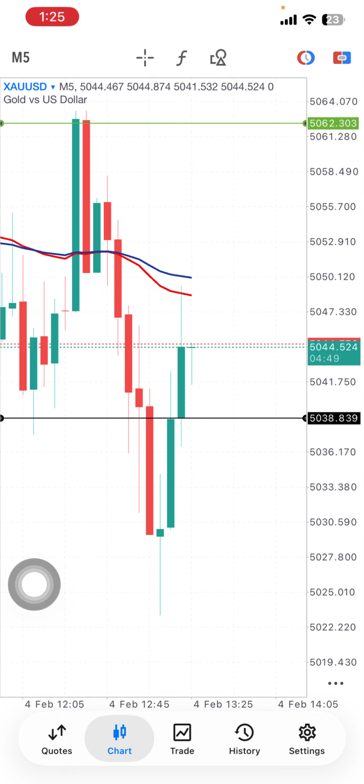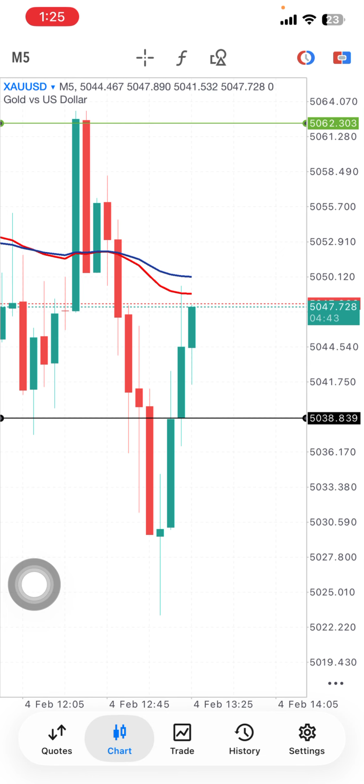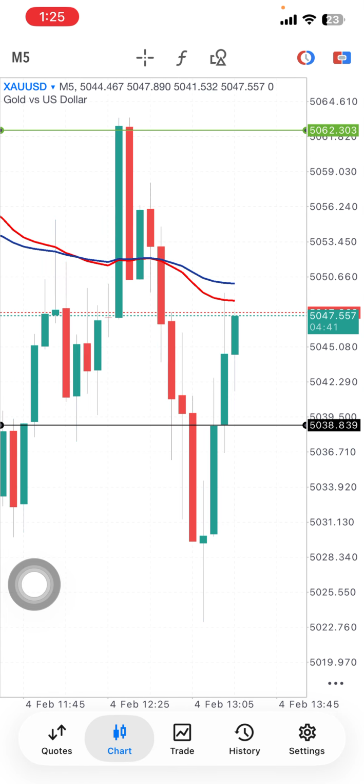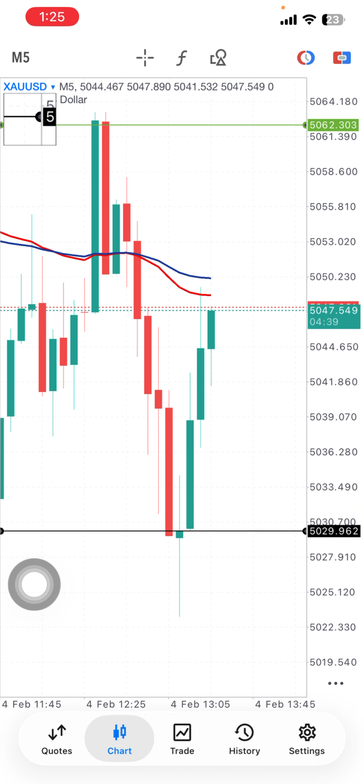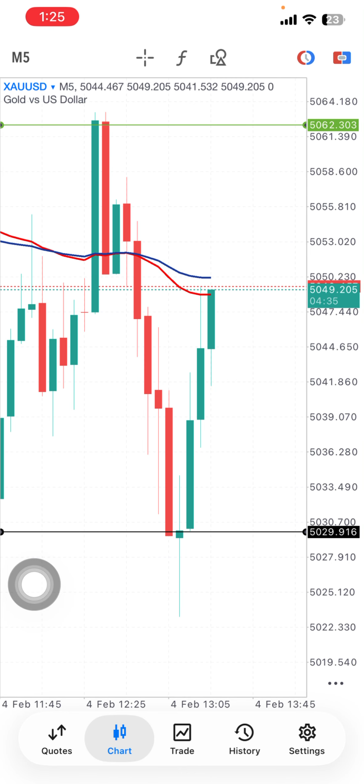Let's wait patiently. We're going to make a lot of profits. So don't forget, we've entered this market here and we are expecting to take our first profit at 6060.